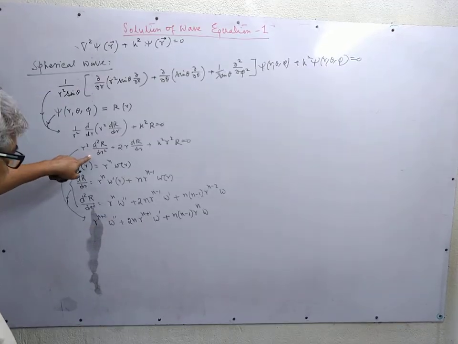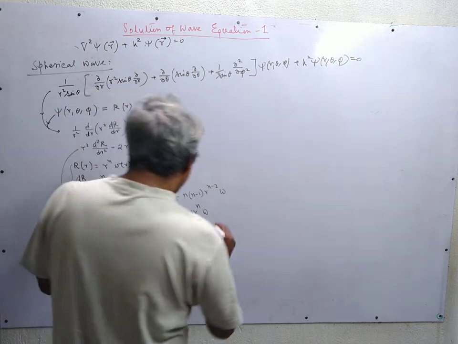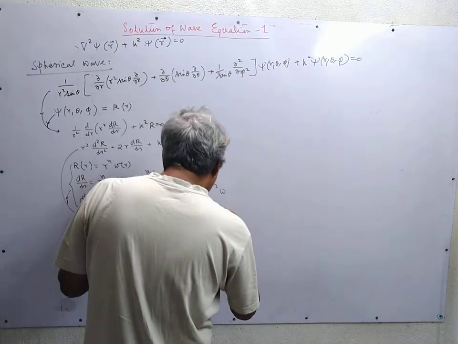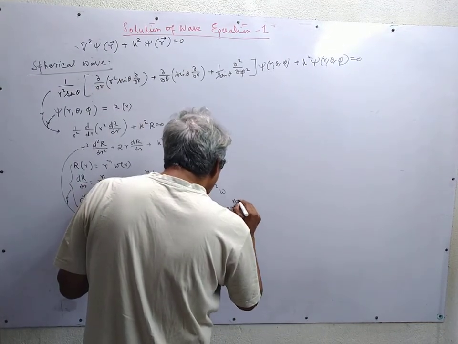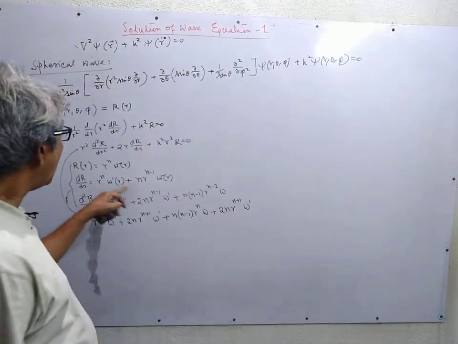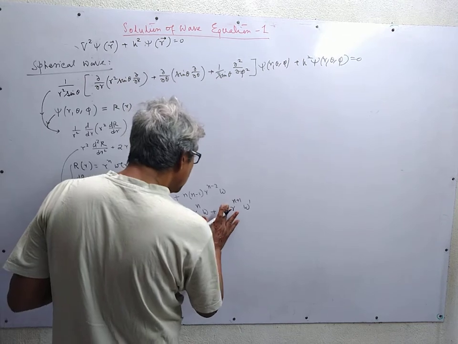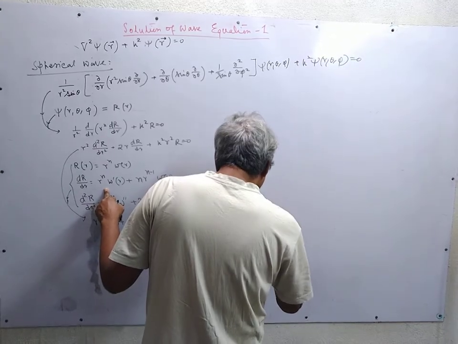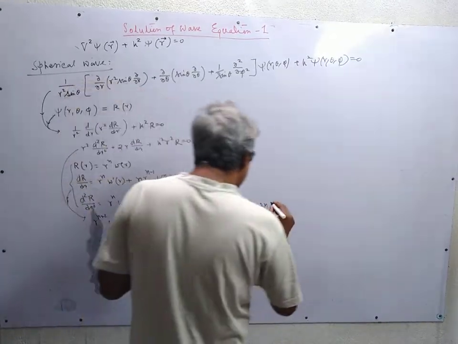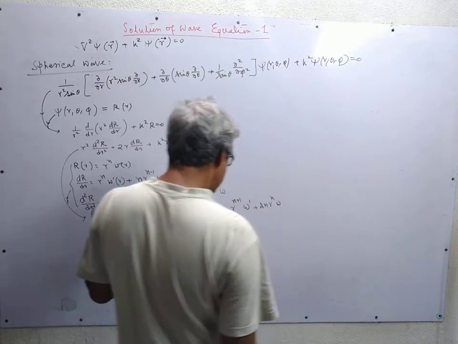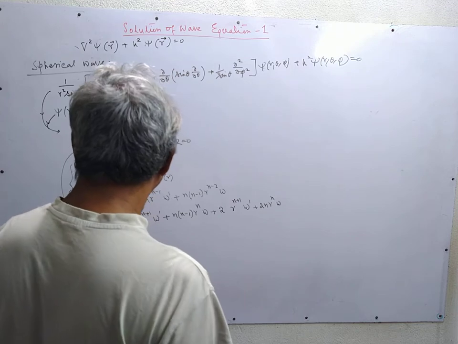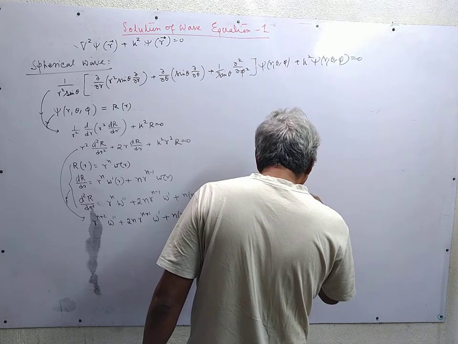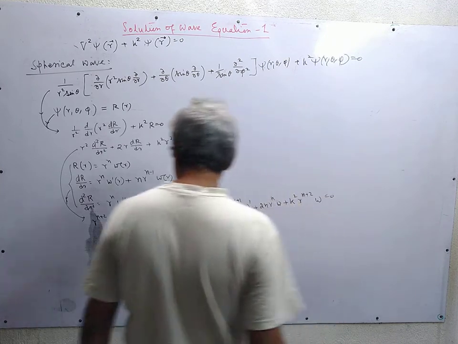This is for the first term, and for the second term we have 2 r to the power n plus 1 w prime plus 2n r to the power n w, plus k square r to the power n plus 2 w is equal to 0.